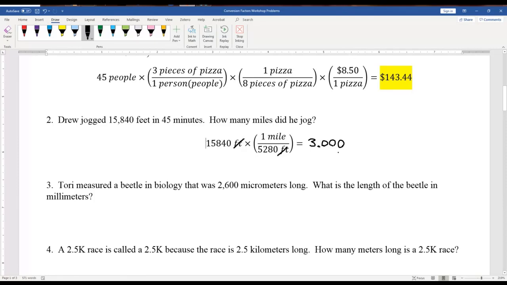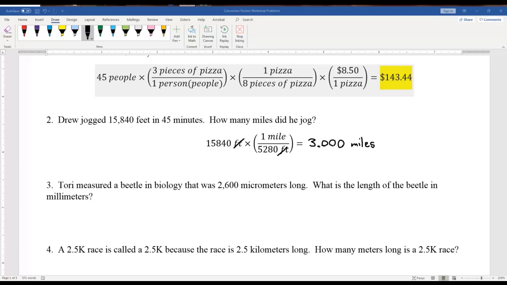You might ask me why it's 3.000 instead of just 3.0 miles. Anybody want to answer that question? Because of the number of significant figures, and 5280 has the smallest amount.